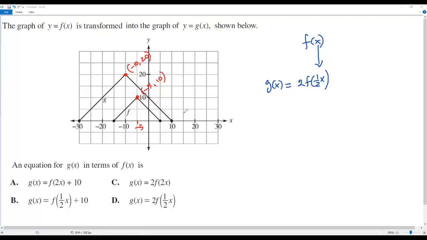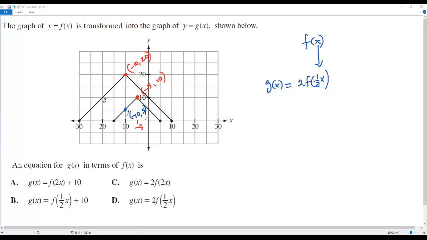Okay, almost we got the answer, but we cannot immediately conclude this is the final answer, because whatever stretch or compression I have done for the two vertices, I have to check the same for multiple points, with any well-known points. Let me consider a random point on f. Here this point is negative 10 comma 5, because the y-coordinate here is 5.